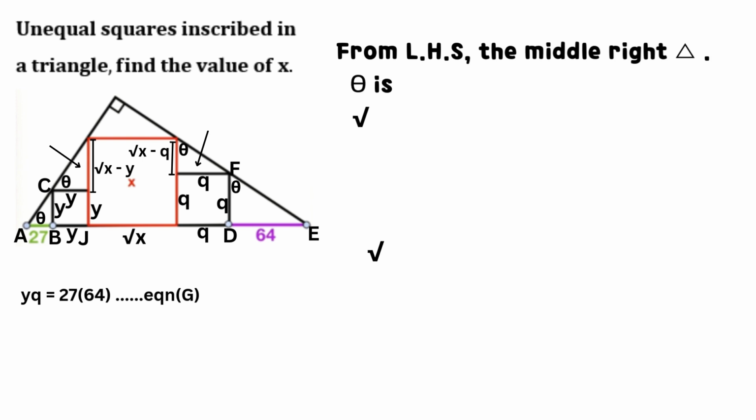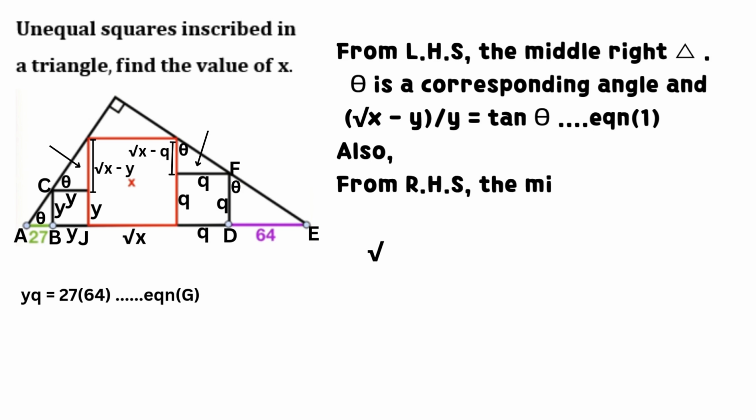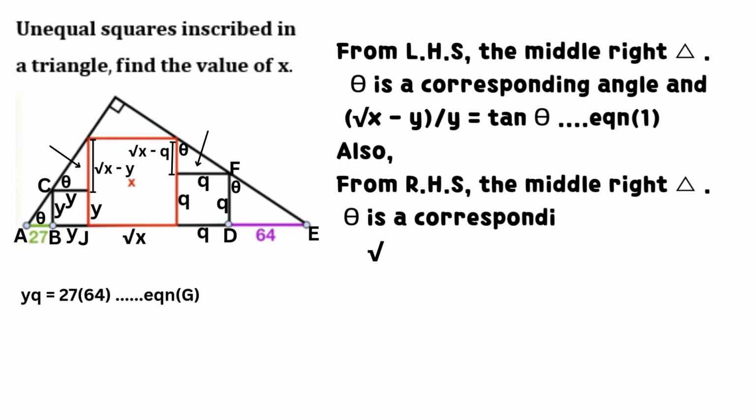From the left-hand side of the given figure, the middle right triangle has an angle theta which is a corresponding angle to angle CAB. By trigonometric identity, the square root of x minus y, all divided by y, equals tan theta. We call it equation 1.